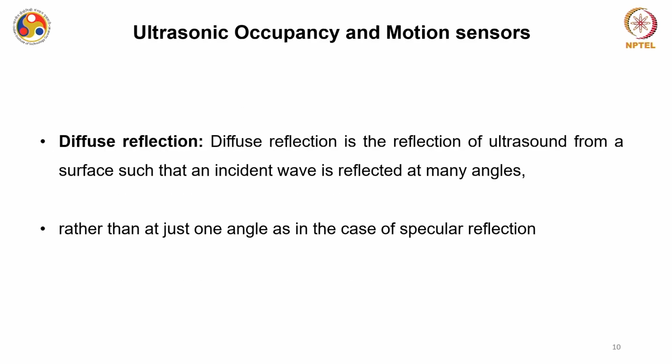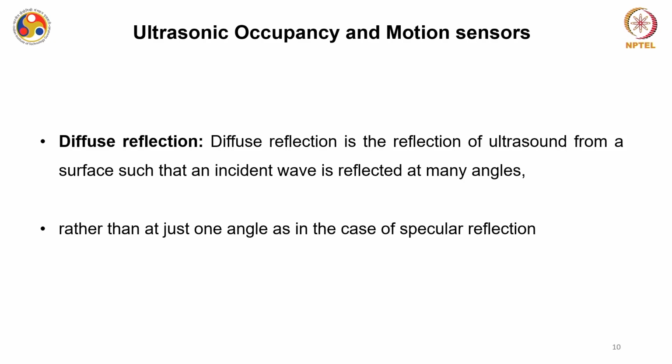Diffuse reflection is the reflection of ultrasound from a surface such that an incident wave is reflected at many angles and not only one angle. It is just the opposite of specular reflection, where we expect the reflection at only one angle.